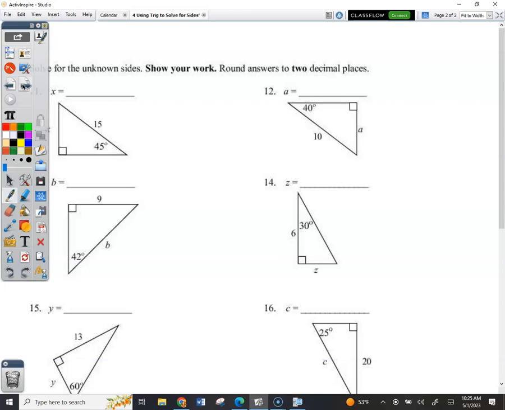You're going to the back. It might be helpful to rewrite your trig formulas on the back. Pay attention to the directions. You are going to 2 decimal places.